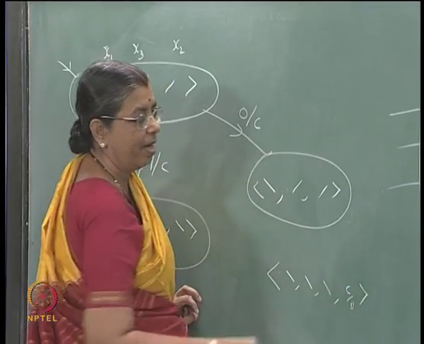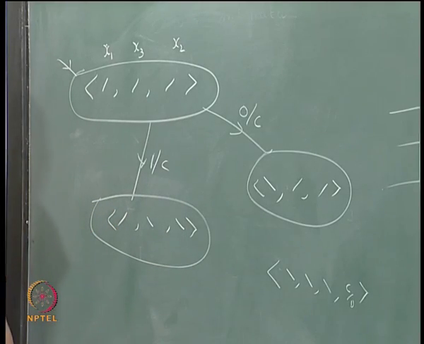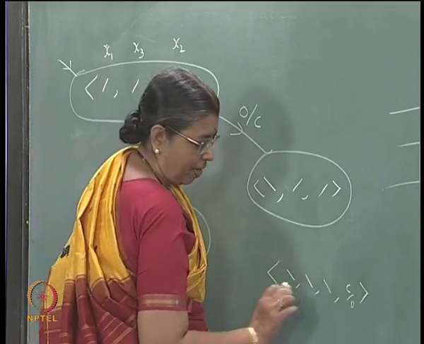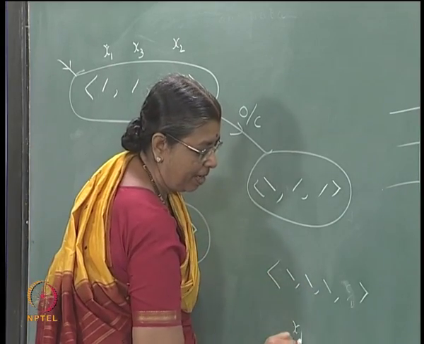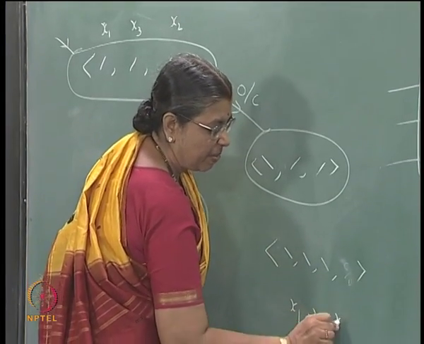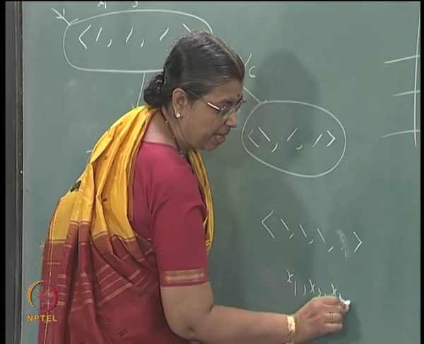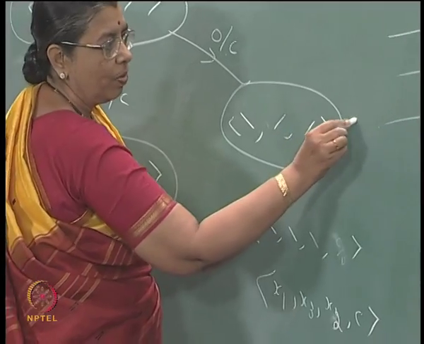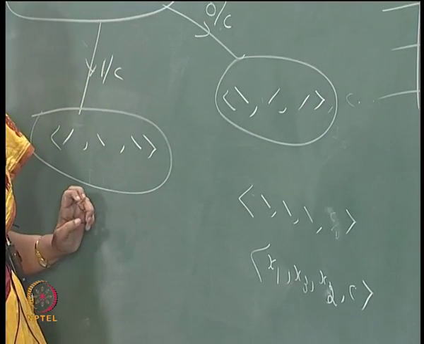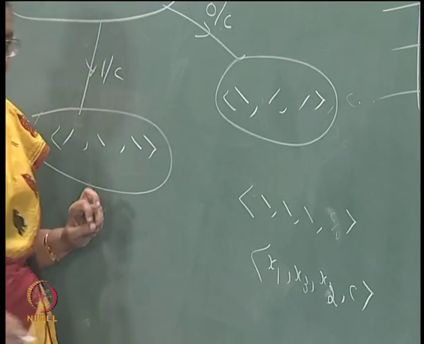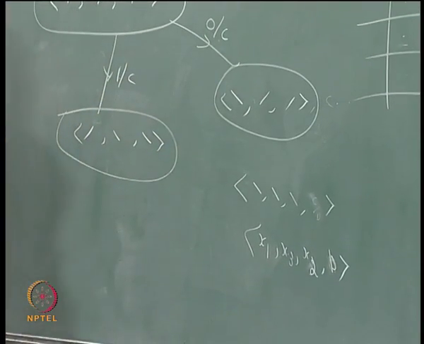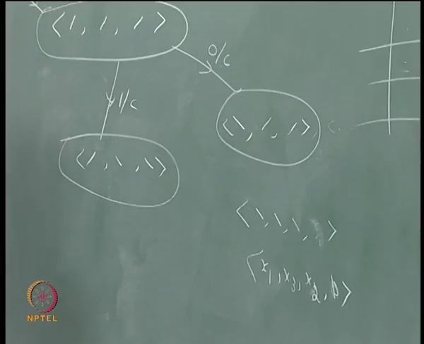The last output will be C or D. If the last output is C, you go to x1, x3, x2, C. If the last output is D, it will go to x1, x3, x2, D. So, when D is there, it will be a final state. The last output has to be D.